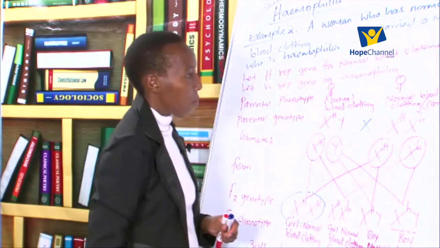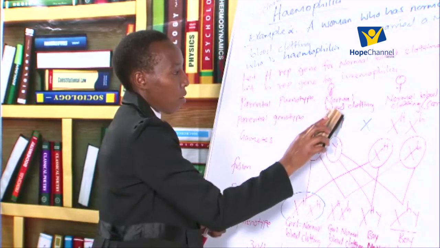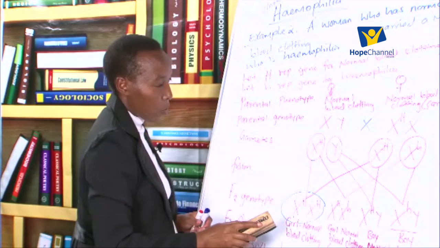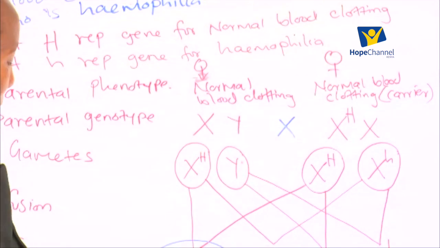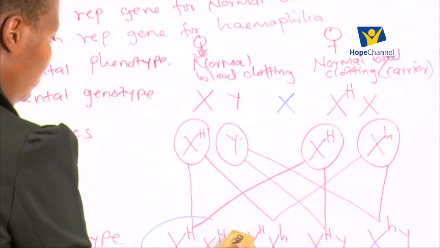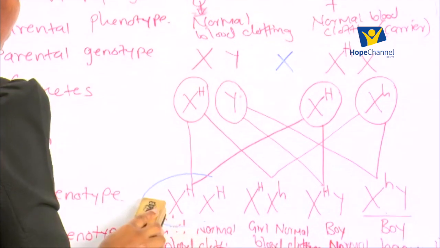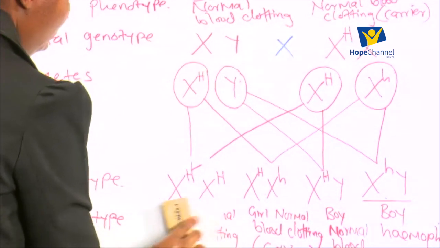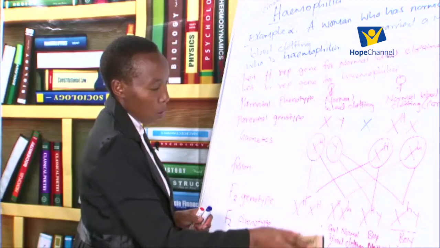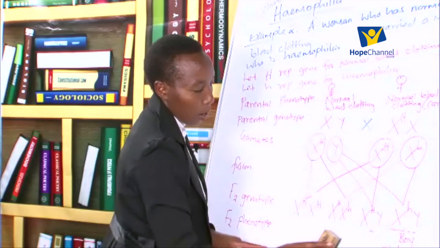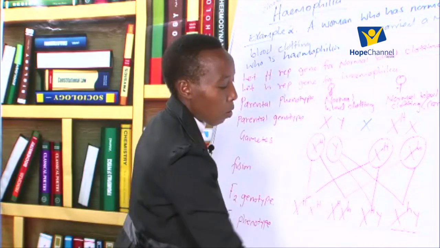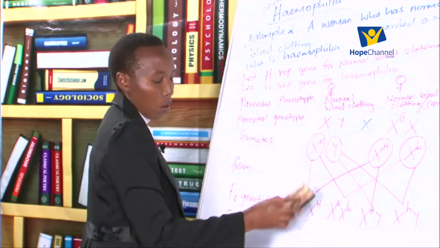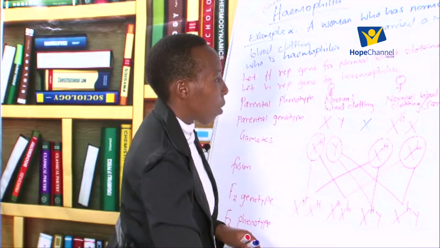And in my case, if I was to do that, I'm assuming you are doing it so that by the time you are done, you are going to compare with what I also have. Because in this case, we are saying that you have a man, the man is very hemophilic. He has the condition for hemophilia. But the female is very normal, with homozygous normal.